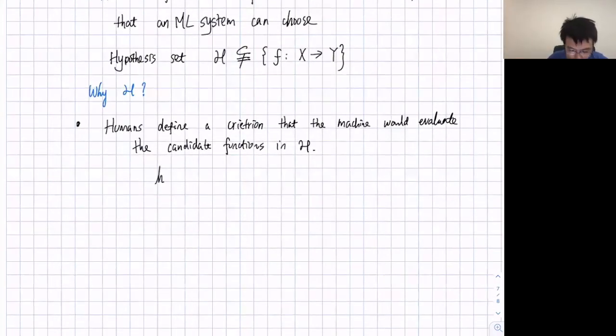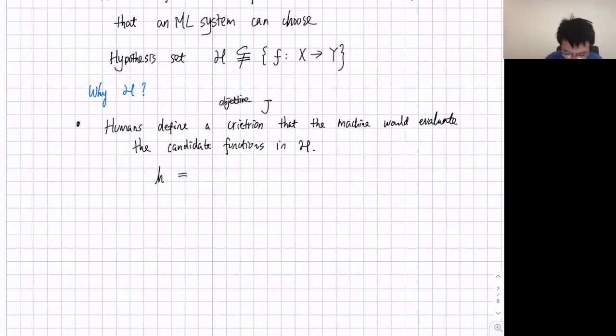After machine learning, the system suggests a hypothesis according to some criteria. I call this criteria J, and usually we minimize something. This is also known as the objective. When we do optimization, it's standard to say I minimize something. When you want to maximize something, you can minimize the negative of that.